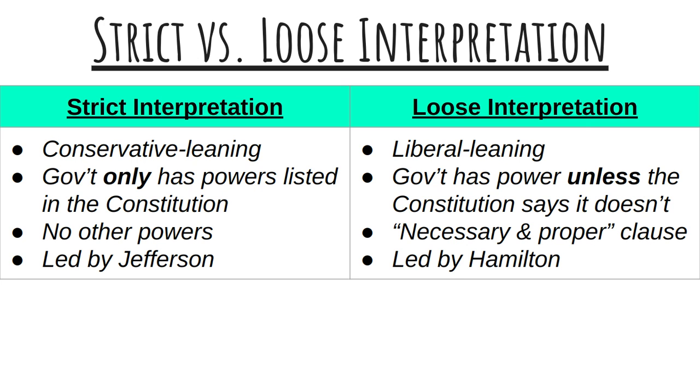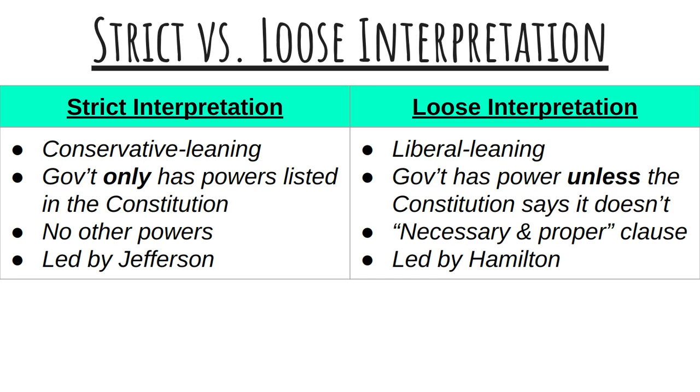So strict interpretation is conservative. This is the idea that government only has the powers that the Constitution gives it and nothing else, no other powers. So if the Constitution does not specifically, directly, explicitly say that the government has the power to do this, then someone with strict interpretation would say, no, the government can't do it.